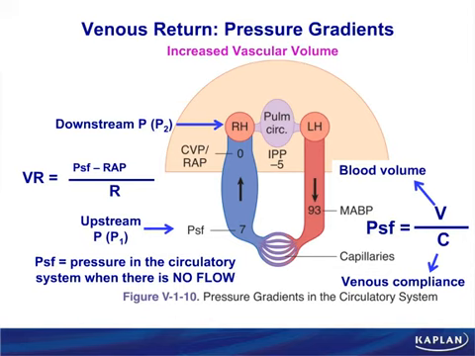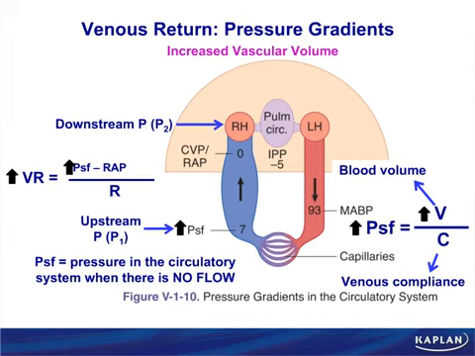All right, let's work our way through, once again, just using this picture, the idea of venous return and changing PSF. All right, let's start with increased vascular volume. If volume goes up, then PSF goes up. So PSF going up means increase in venous return. Just follow the up arrows. Volume goes up, PSF goes up. Well, it's the pressure head.